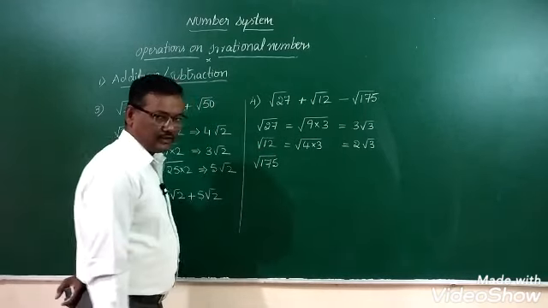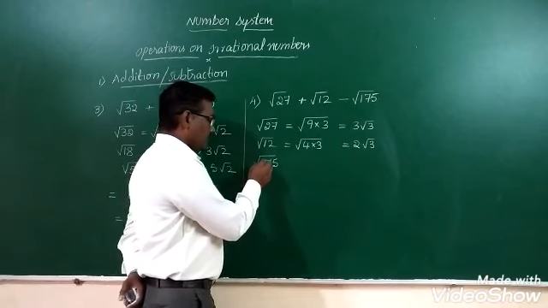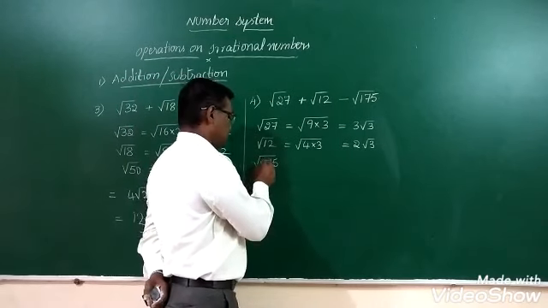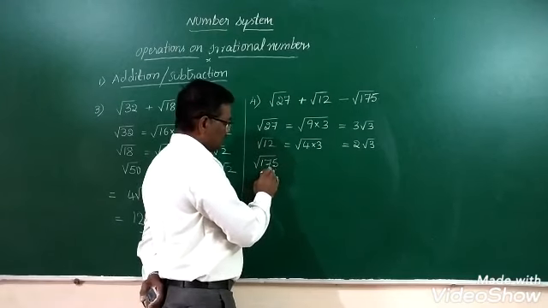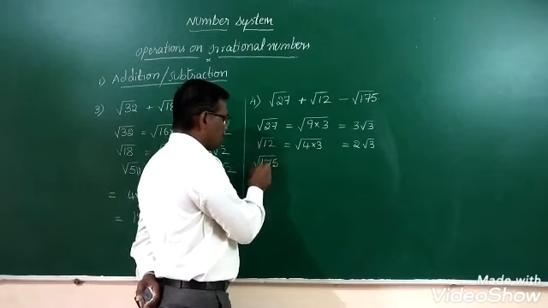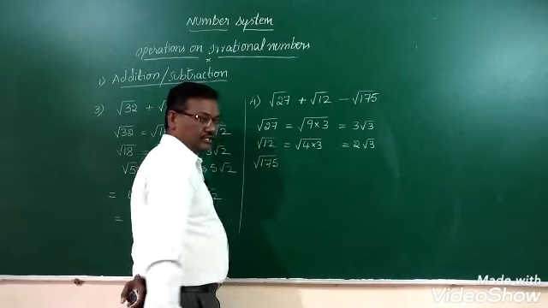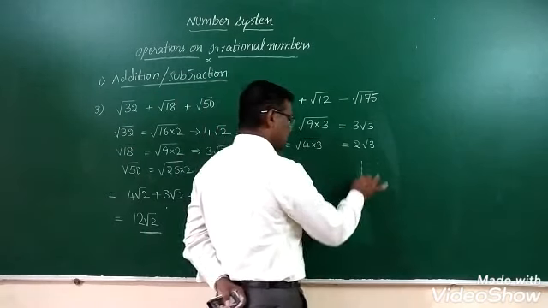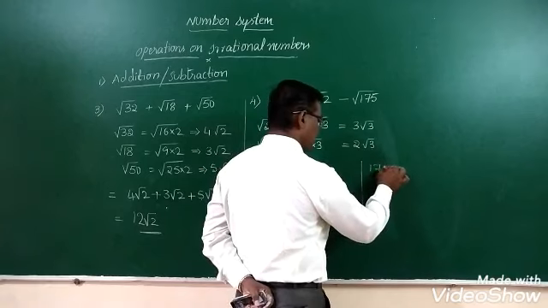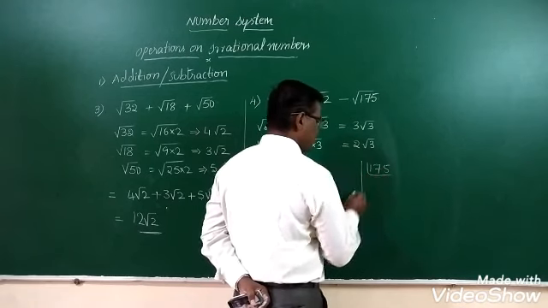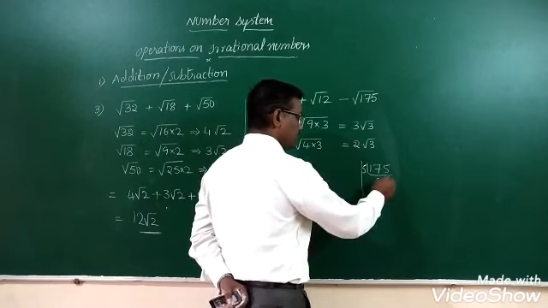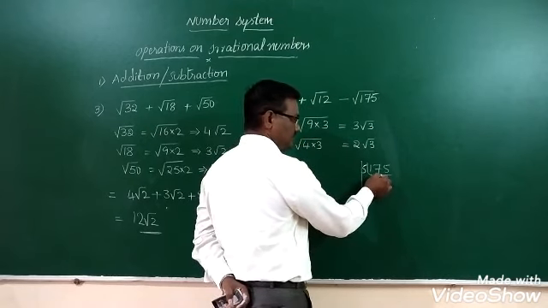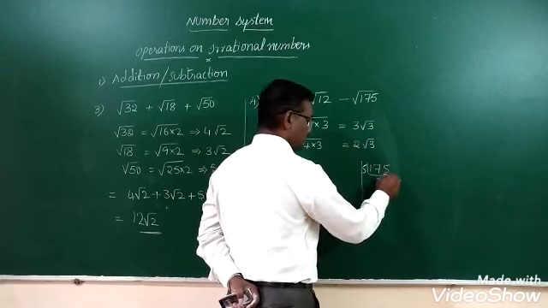Root 175. See, if you don't know how to simplify the 175 term, very simple as I mentioned, 175. You find the prime factors by taking 5. 5 3s are 15. 5 3s are 15. Remaining 2, 25, 5 5s.